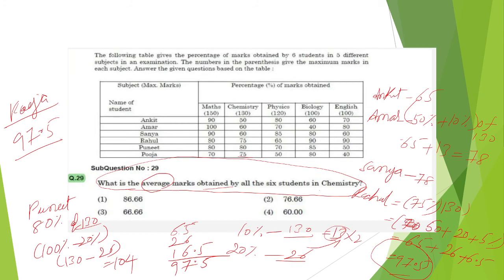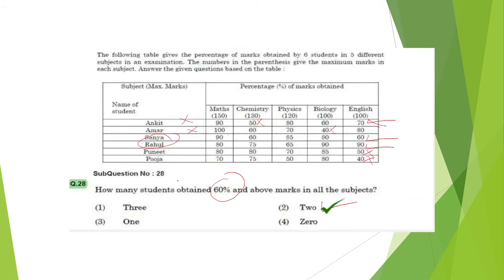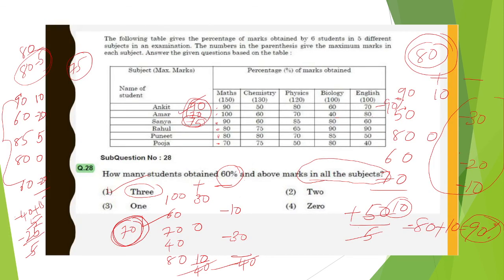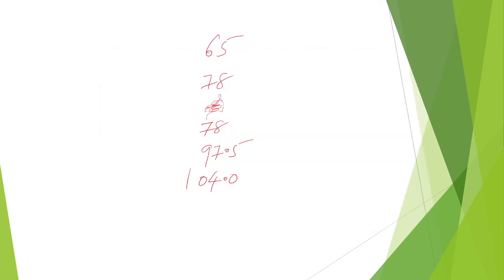Next, Rahul, 97.5. Next, Puneet, 104. Next, Pooja, 97.5.